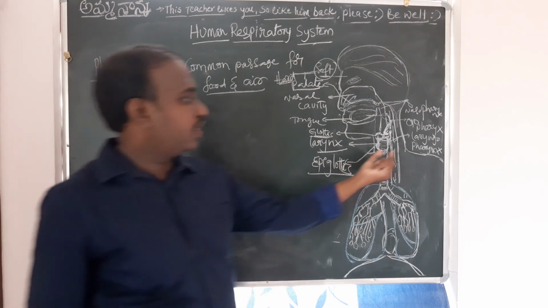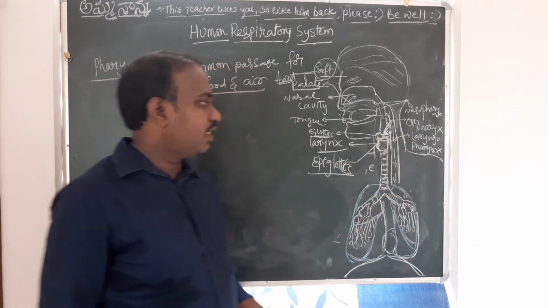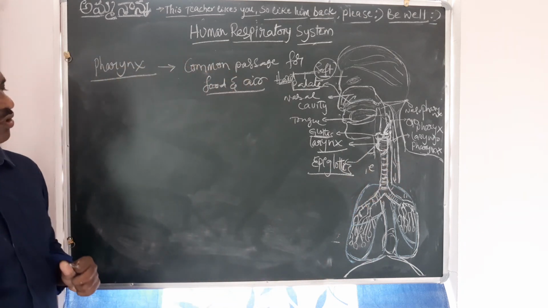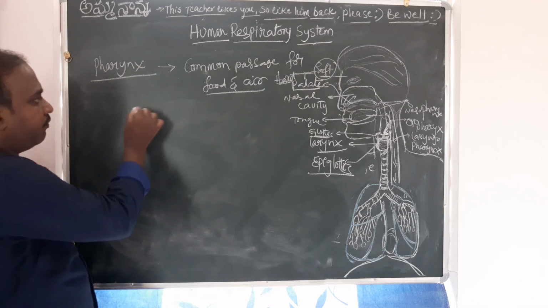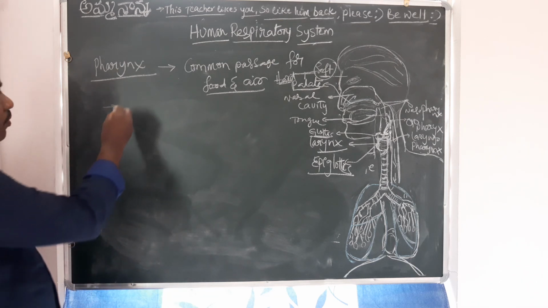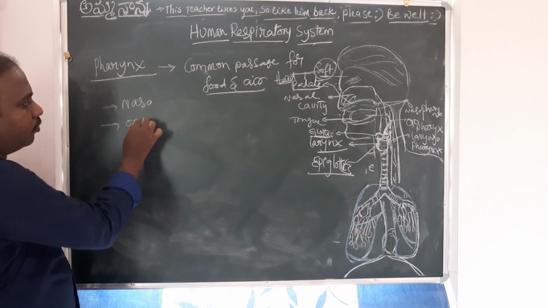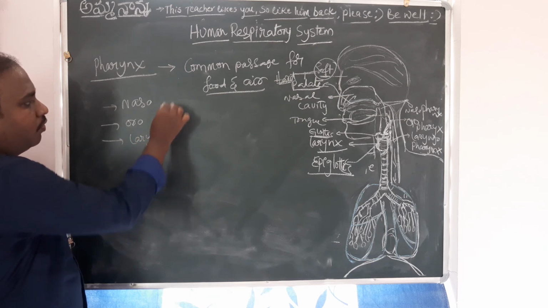So this is the esophageal tube. That is the pharynx. In the pharynx, we have the nasopharynx, the oropharynx, and then the laryngopharynx.